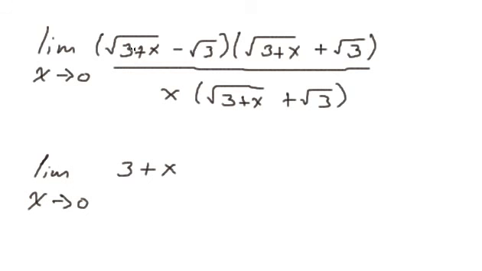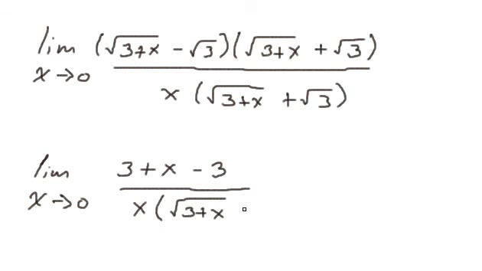So it's really just the first terms and the last terms here. So minus the square root of 3 times the positive square root of 3, and the square root of 3 times the square root of 3 is just 3. And so we're left with minus 3, over x times the square root of 3 plus x plus the square root of 3.